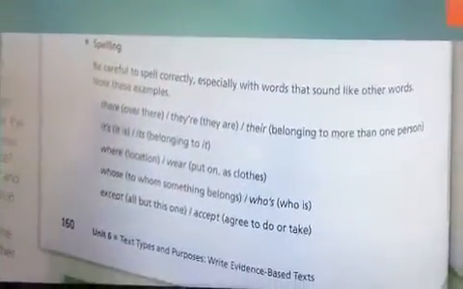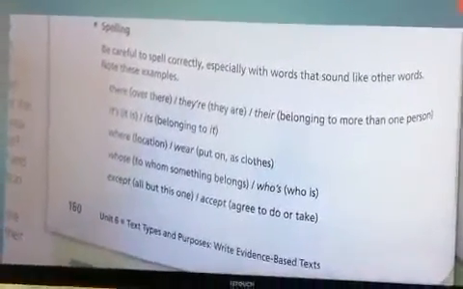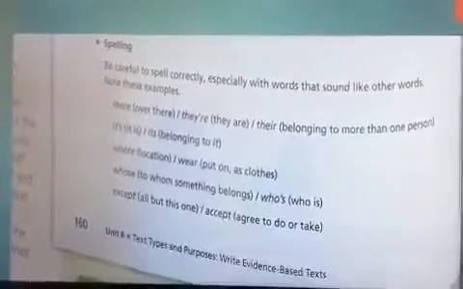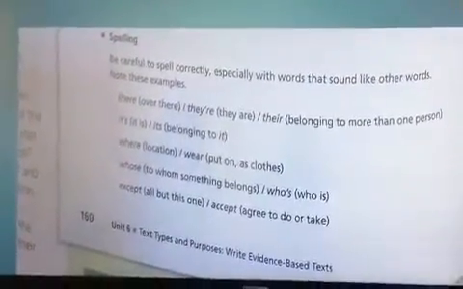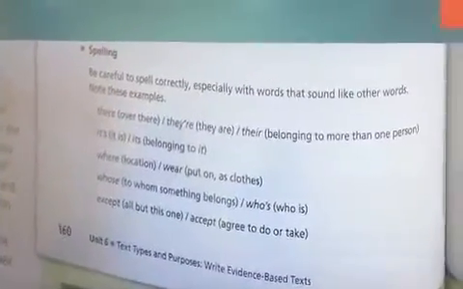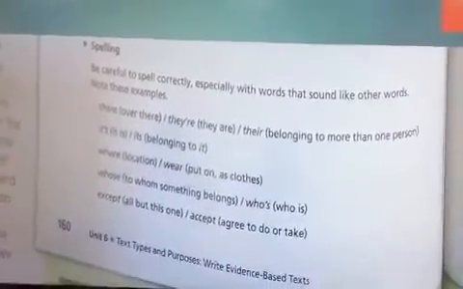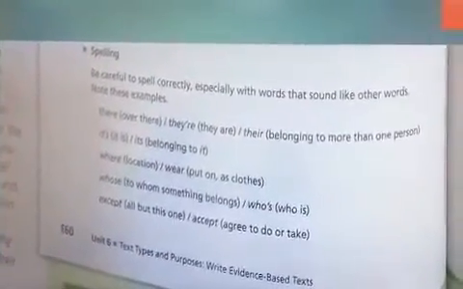For spelling, you should be careful while spelling each word, especially the words that sound like other words. For example, there, over there, and they're sound the same. So you should note, I'll be careful to spell correctly.